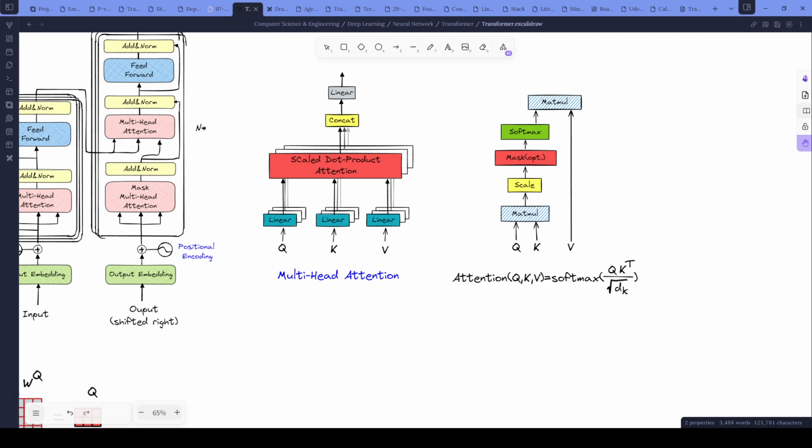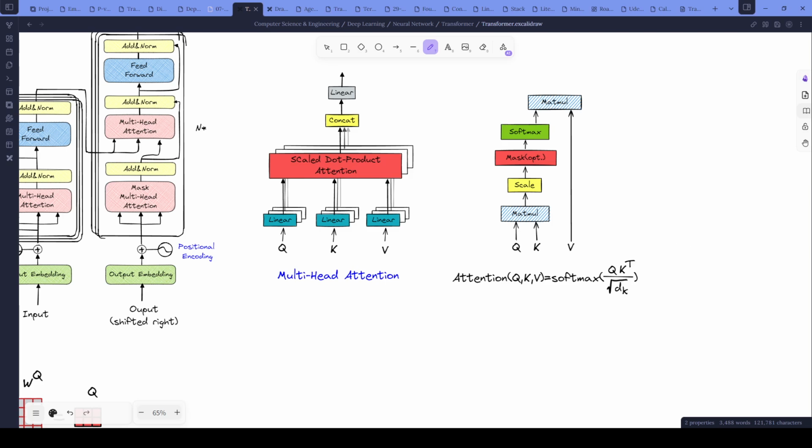After using the softmax, we're going to get probability values between 0 and 1. After we are done with the softmax, we'll do another matrix multiplication, but this time with the value vector.